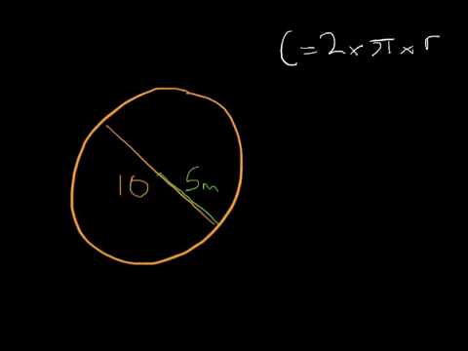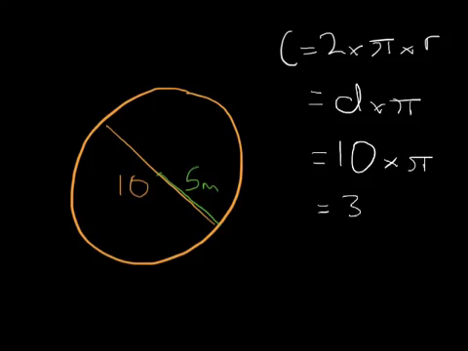Now for the keen-eyed observers, you might notice that with this we divided by 2, and we're just going to times by 2 again with our formula. So really we can just keep this the same. We can just use the diameter times pi, and it will give us the same result. So this is 10 times pi, which equals 31.4 meters. Now, this trick does not work when you're trying to solve for the area. It can only work when you're using the circumference.